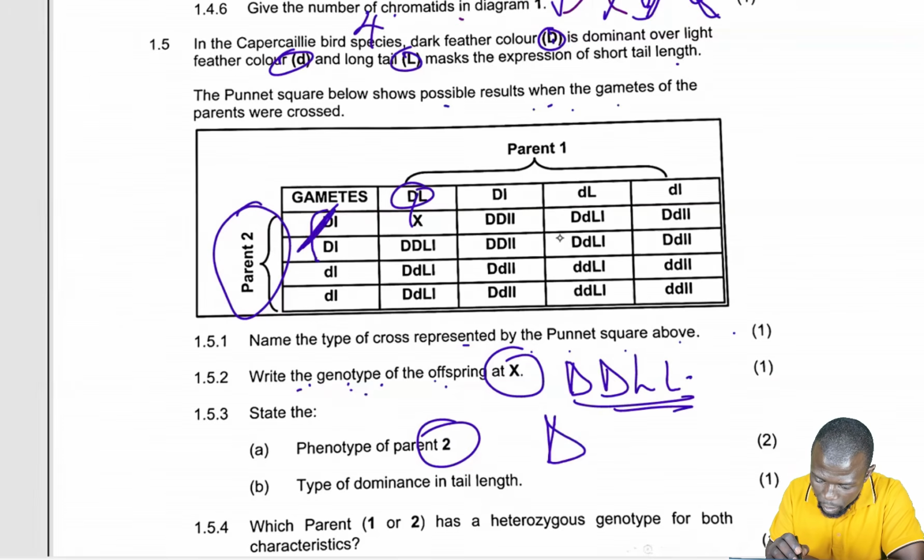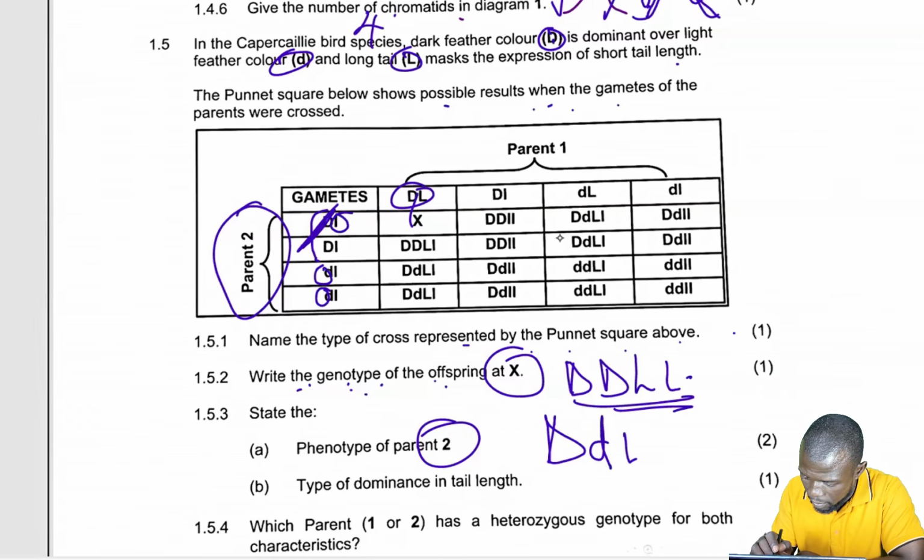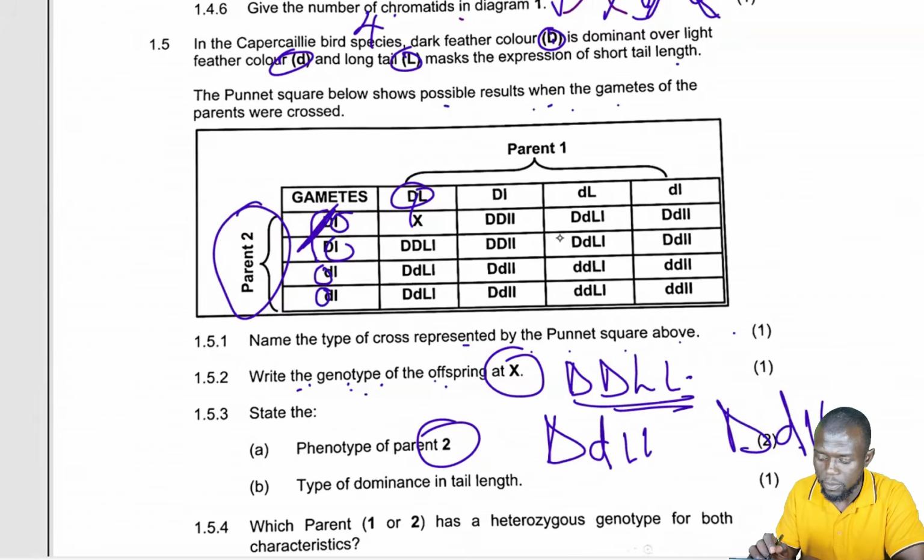Do I have any small d? Yes, I have a small d. You see? So small d. And then small l, and even this is small l, so it means that it's capital D, small l, small l. So this is the genotype.